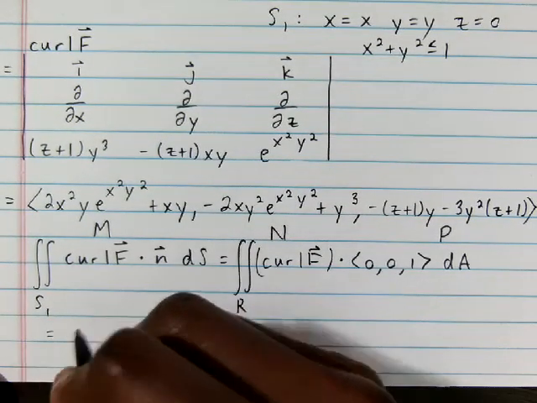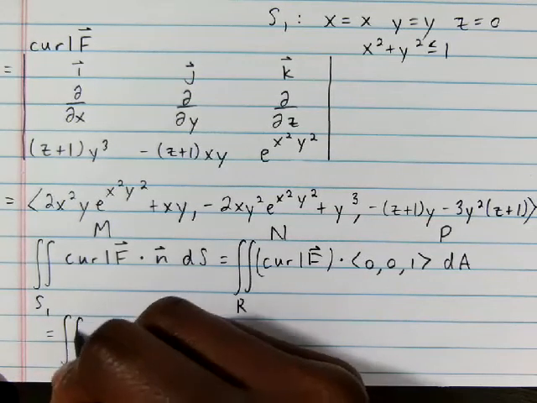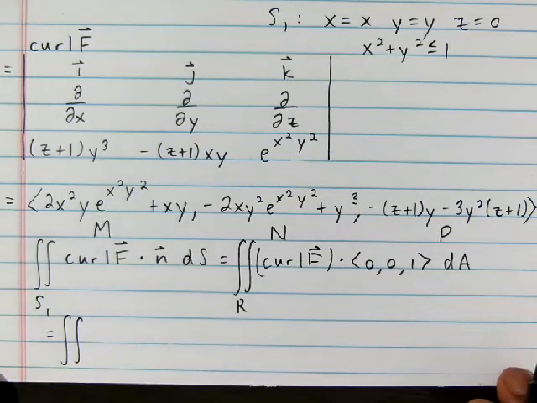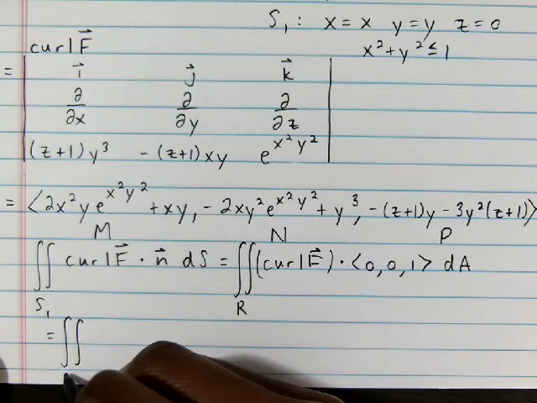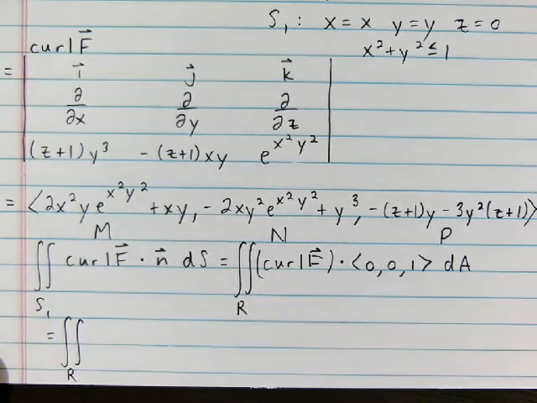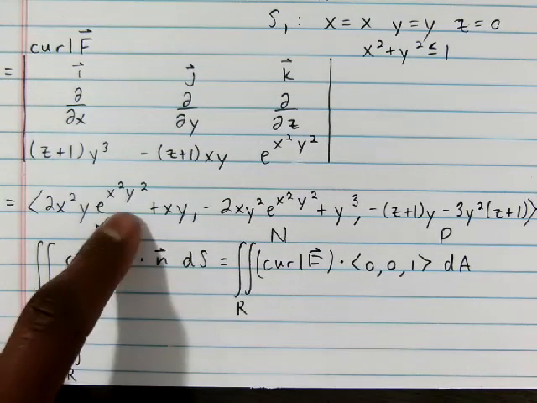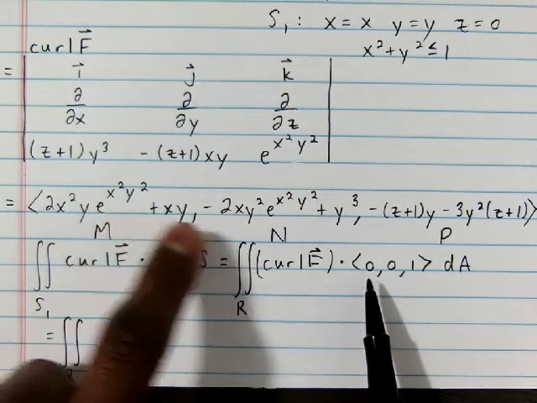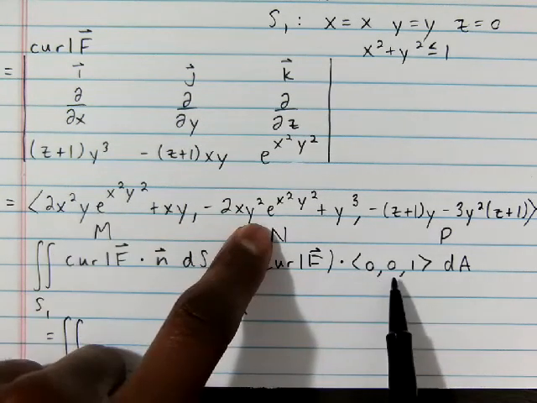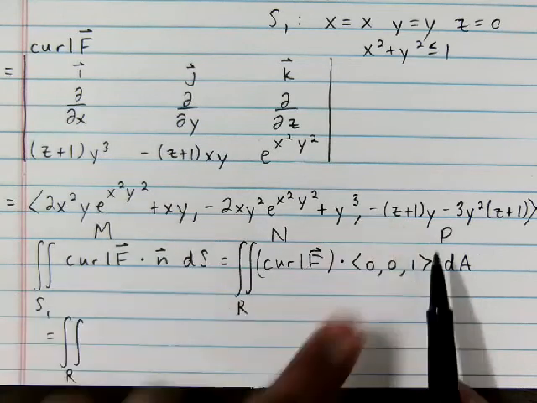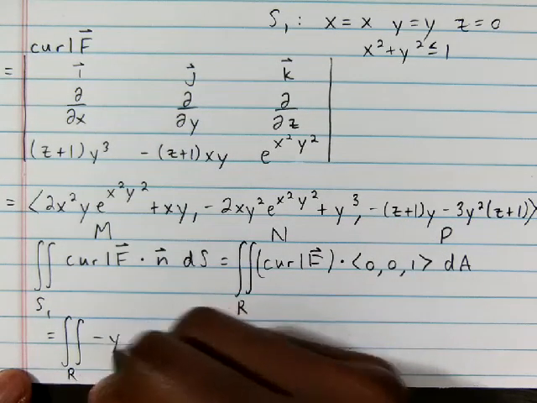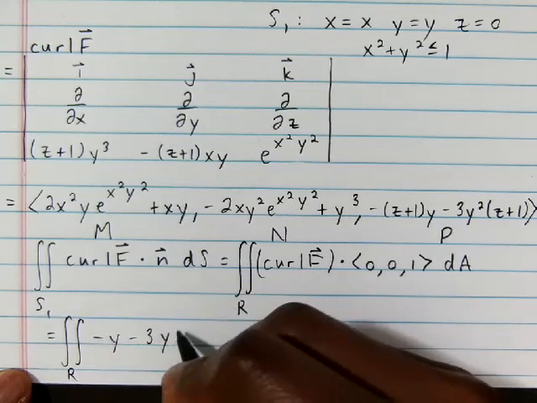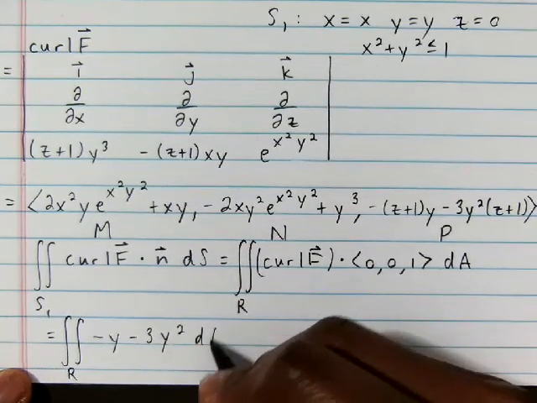What I did not specify is, should we be doing the plus or minus? We should have the plus here, but I forgot to specify that. So the double integral over R of this times 0 plus this times 0 plus this times 1, with zeros plugged in for the z, gives us negative y minus 3y squared dA.